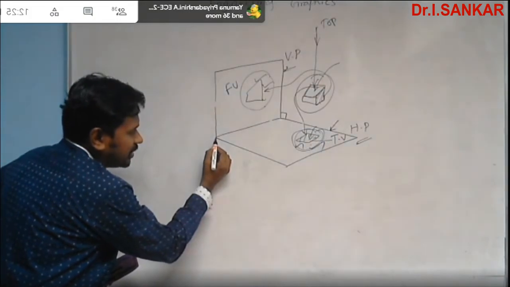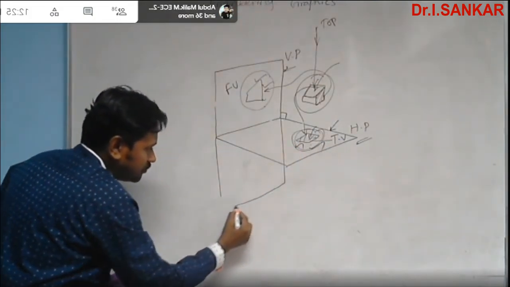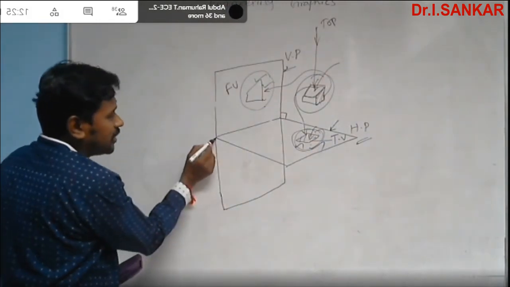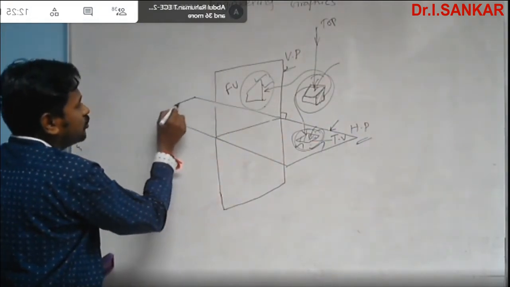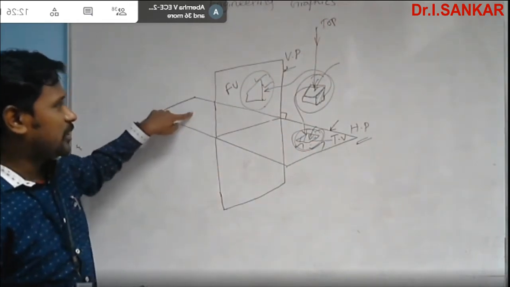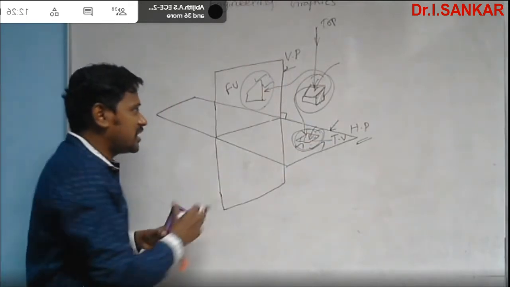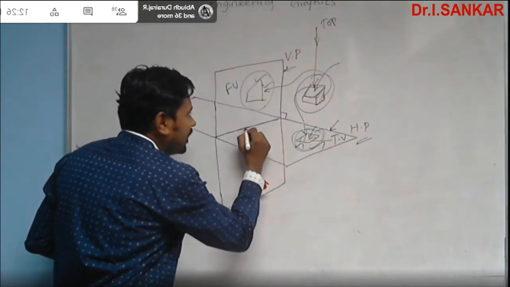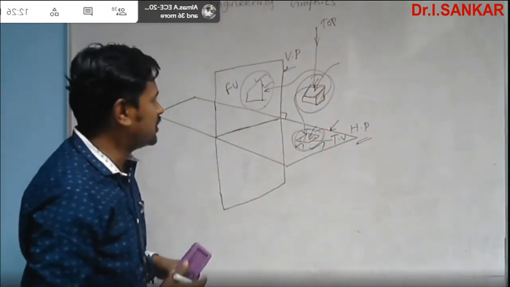The vertical plane can extend below the horizontal plane also, and the horizontal plane can extend behind the vertical plane also. So this is the vertical plane and this is the horizontal plane. These two planes intersect with each other, and this line is the line obtained by the intersection of these two planes.